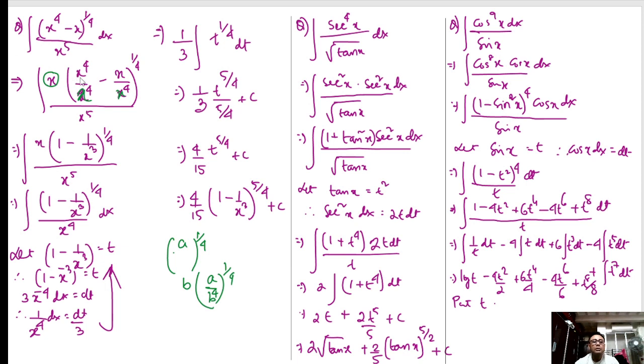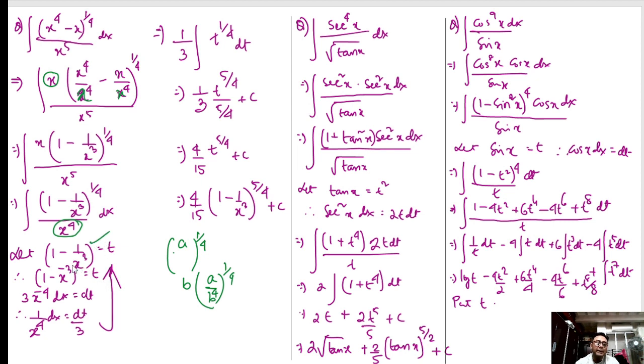So that is why we are dividing by x to the power 4 inside, and x to the power 4 inside root to the power 1 by 4 is actually x, which goes out. So this becomes 1 and this becomes 1 by x cube, and this becomes x and x5 becomes x4. So now we will take this as t.